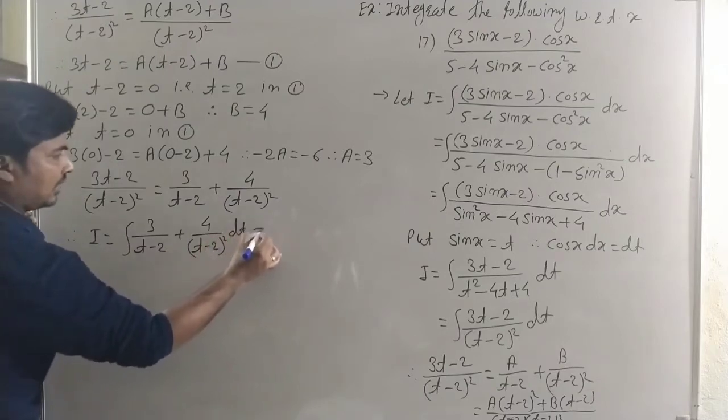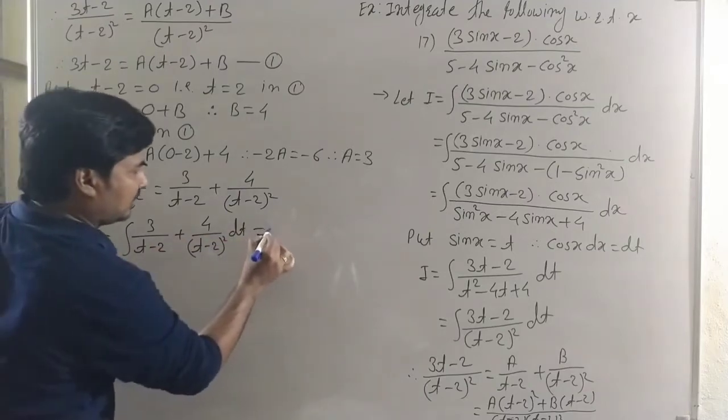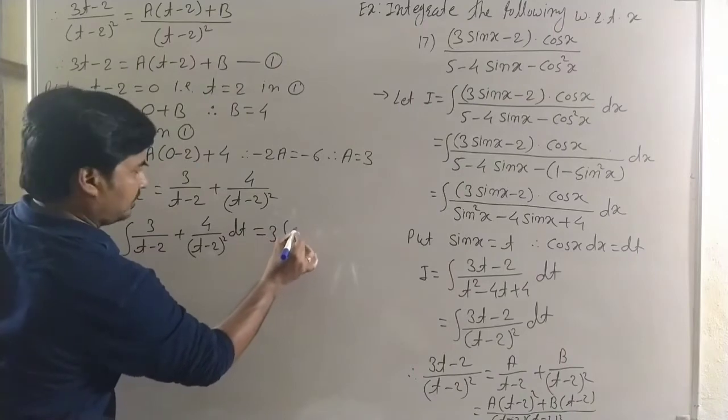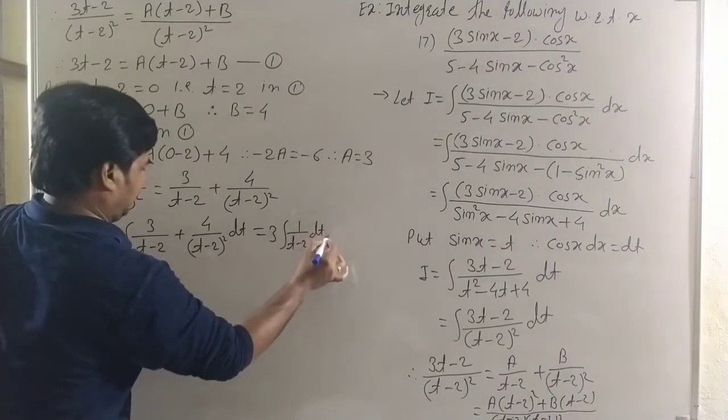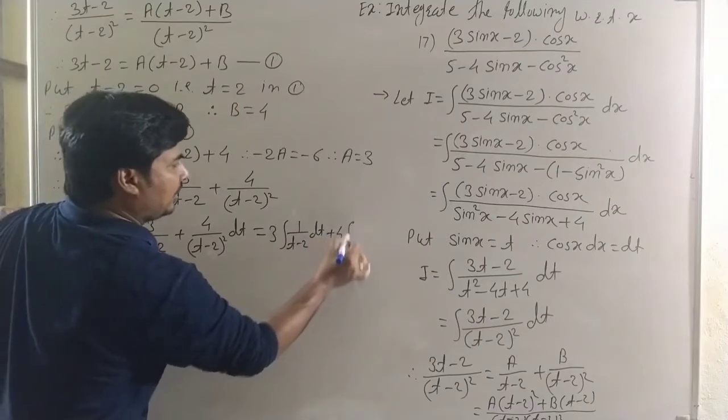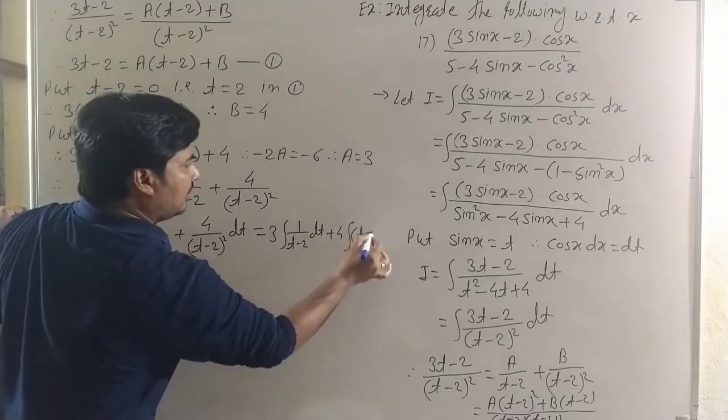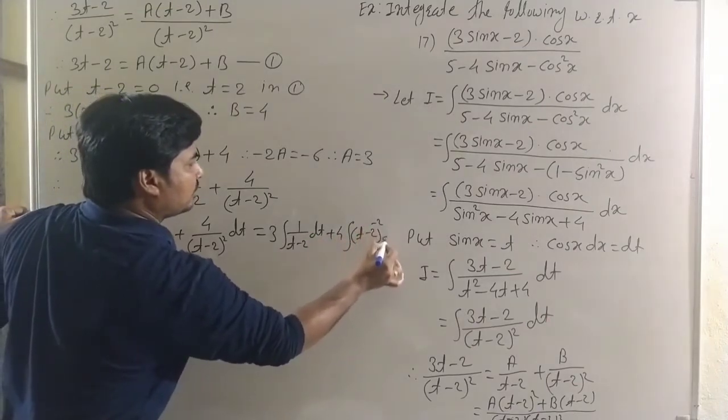Now integrate. Then this can be written as 3 into the integral of 1 by t minus 2 dt plus 4 into the integral of t minus 2 to the power minus 2 dt.